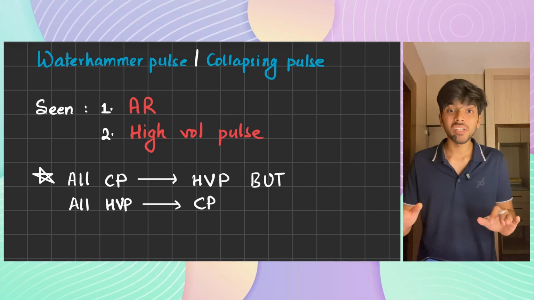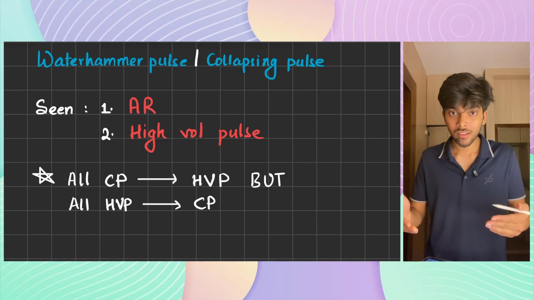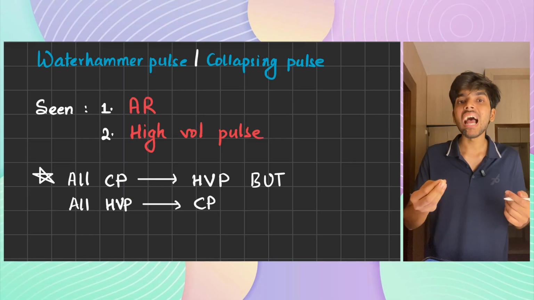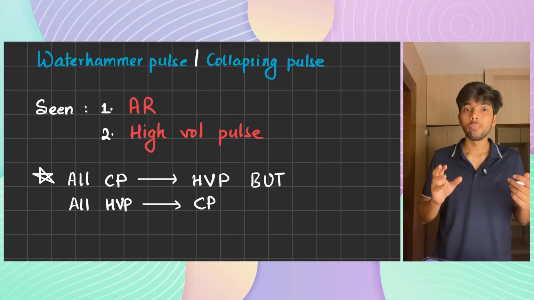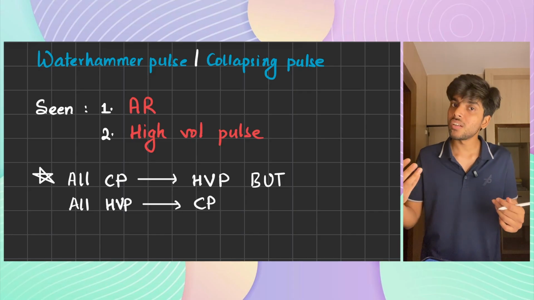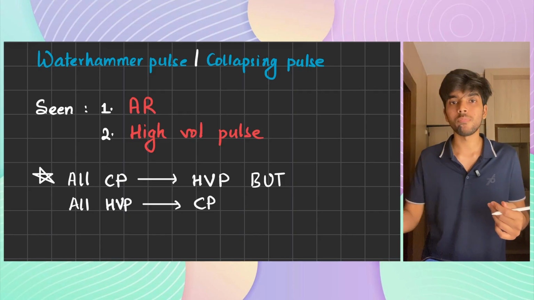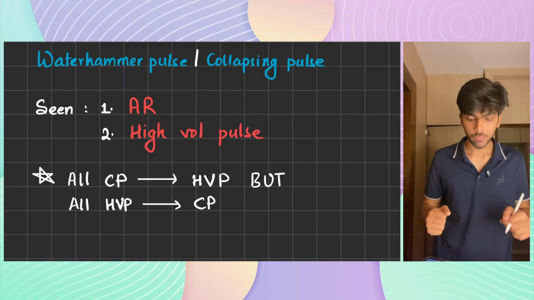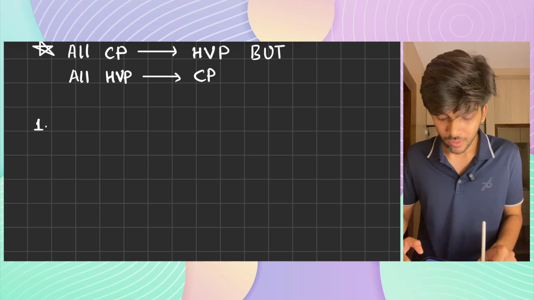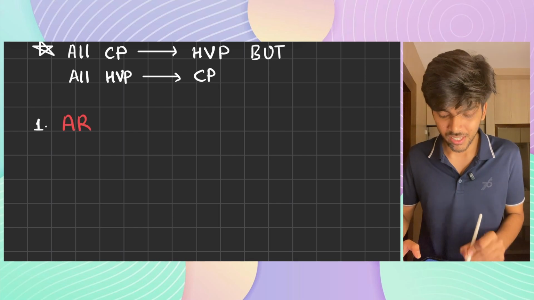That means if a person has collapsing pulse, the pulse is high volume in nature. But just because a patient has high volume pulse, that doesn't mean the pulse is gonna be collapsing in nature. Okay? Alright. So let's take the most famous example, that is of aortic regurgitation.